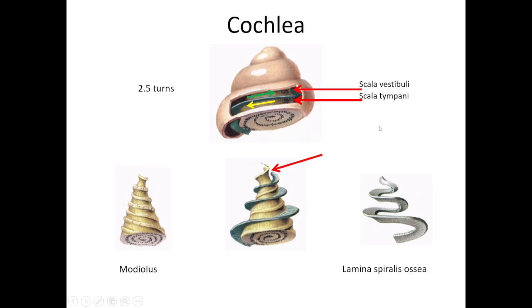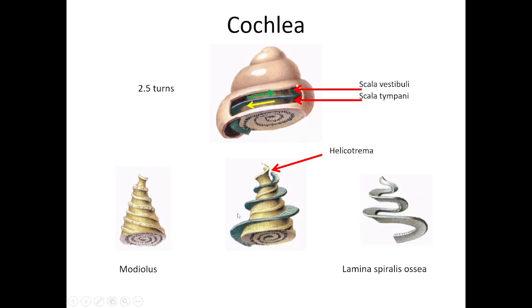This arrow demonstrates the place in the most upper part of the cochlea, where Scala vestibuli and Scala tympani connect with each other. So this place is called helicotrema.